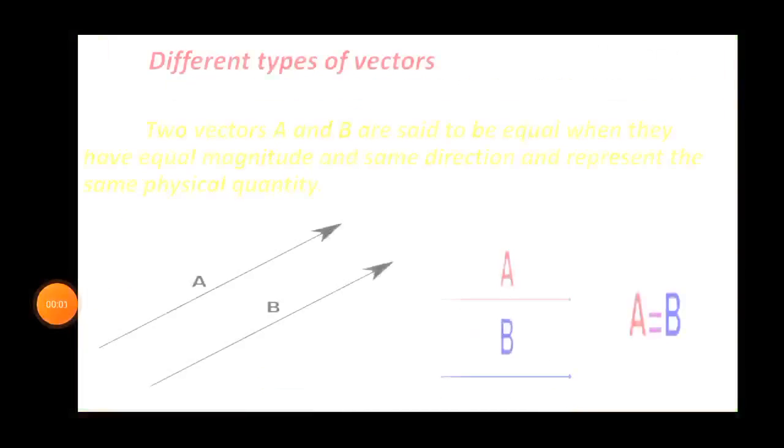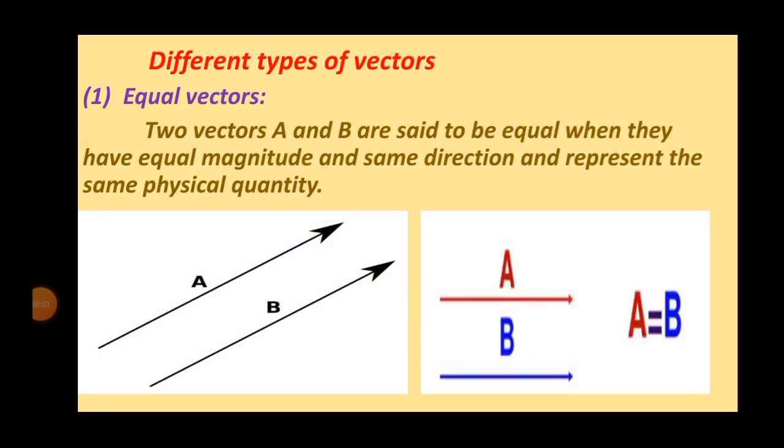Next topic, different types of vectors. The first type, equal vectors. Two vectors A vector and B vector are said to be equal when they have equal magnitude and the same direction and represent the same physical quantity. Now see the diagram.